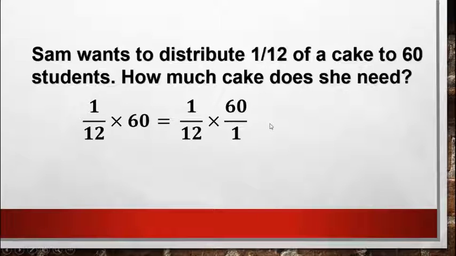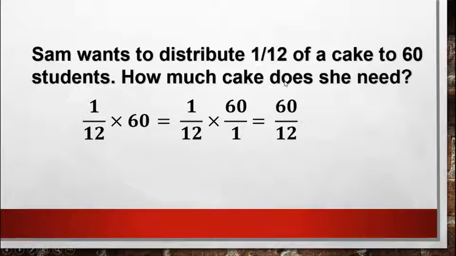Now, can we multiply? Yes. Multiply directly. 1 times 60, that is 60. 12 times 1, that would become 60 over 12. Is this our final answer? Not yet, because 60 over 12 is an improper fraction.